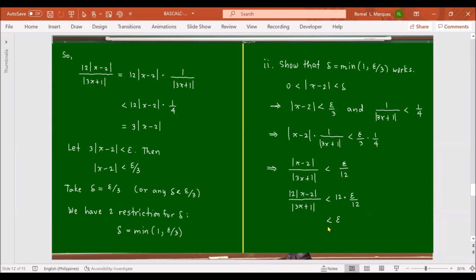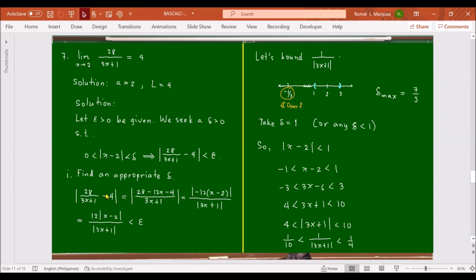Okay? But we know that this left side is exactly the same with what? It's the same as 28 over 3x plus 1 minus 4. And we know that. So this is the same with this, exactly equal.